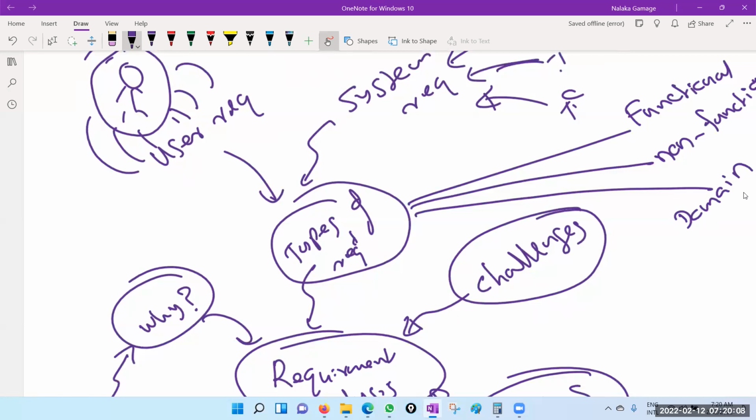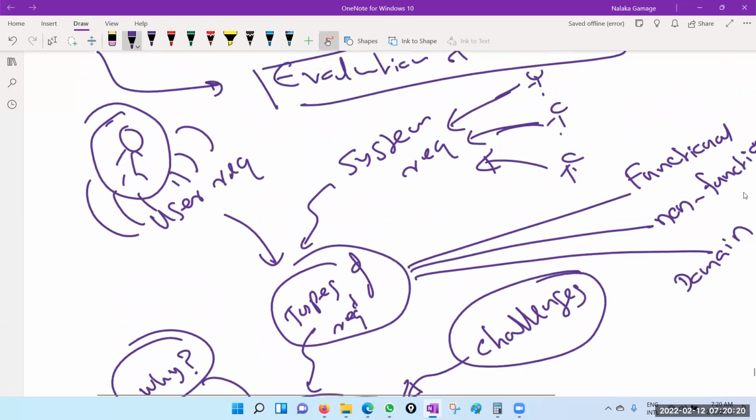Either we can just say functional requirements and non-functional requirements, or we can say functional requirements, non-functional requirements, and domain requirements. So this is a different classification. Therefore there is overlapping of all the same things. We are putting it into different views.